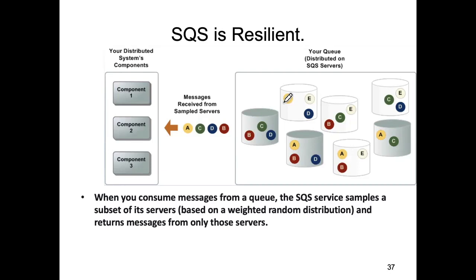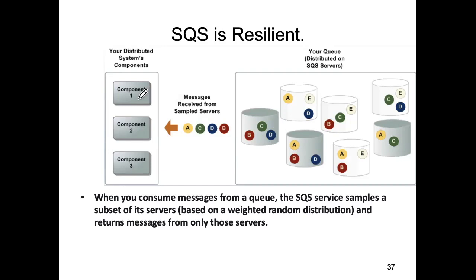And again, it's an algorithm as to what subset it samples at any particular point in time. And so if it only samples a subset, that means that there may be a message that is not stored on the subset that it chooses. And that's why AWS does not guarantee that the order in which you receive the messages is the order in which they were written.